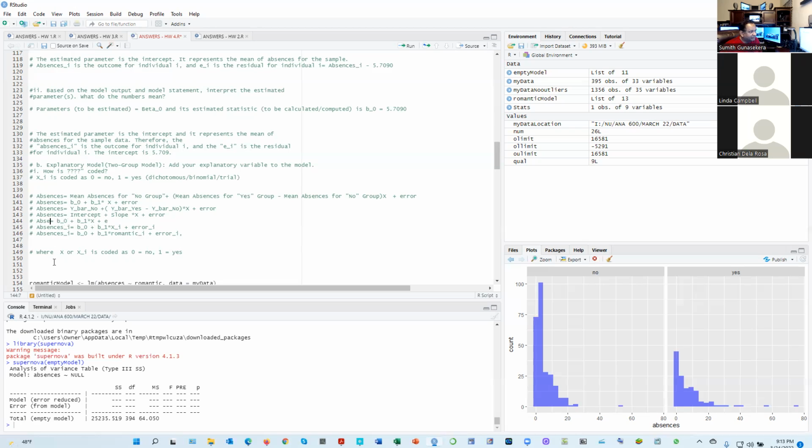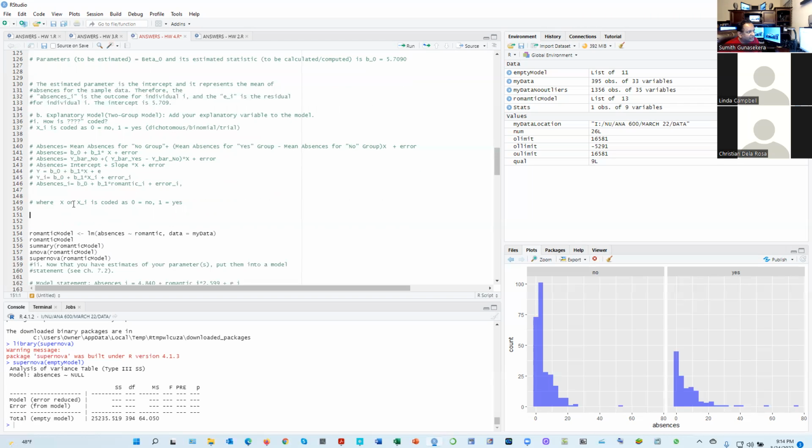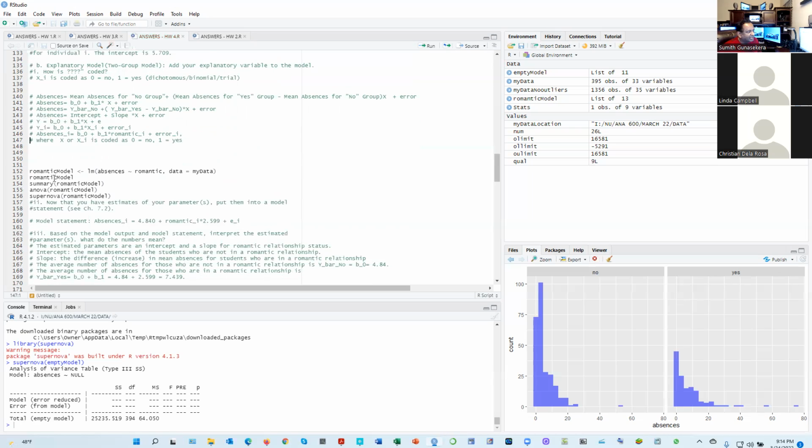Instead of writing absences, you can say y here. Y equals b naught plus b1 x, and you can use the formula on both sides rather than writing it out. X is coded like this.